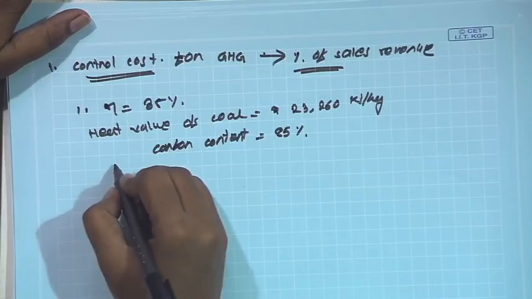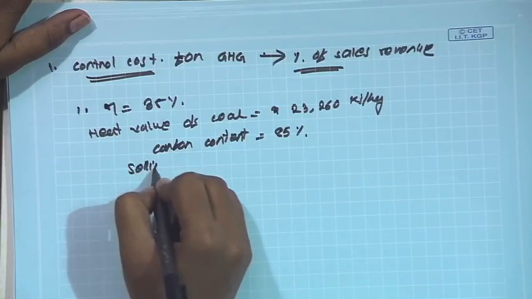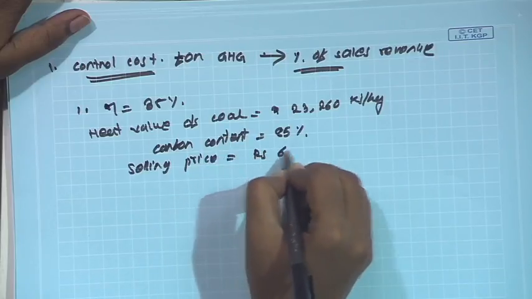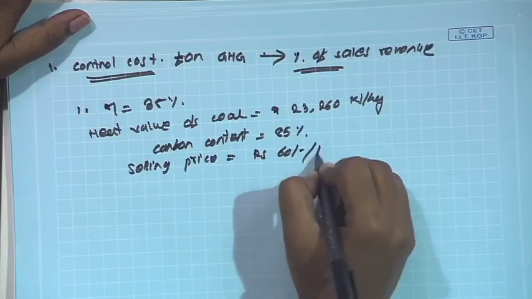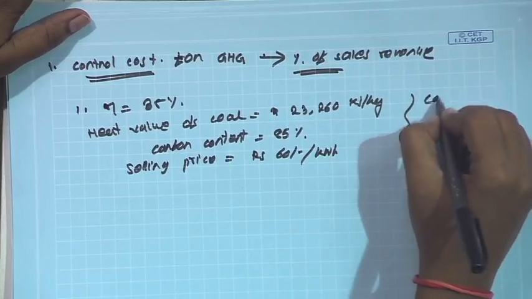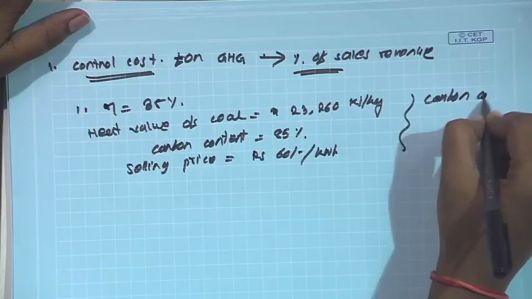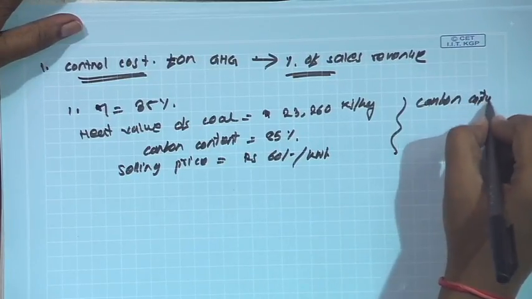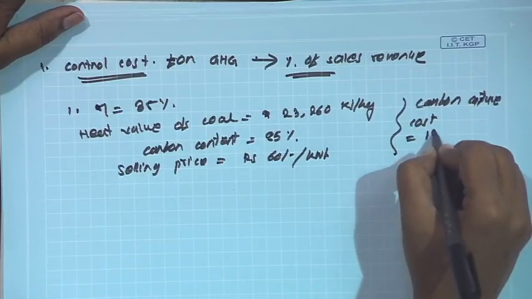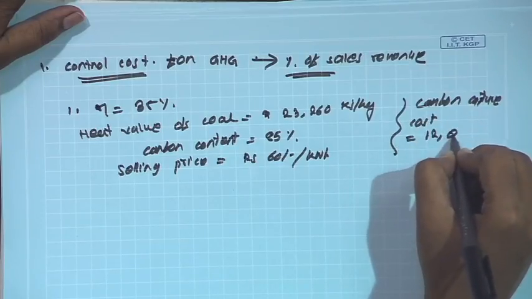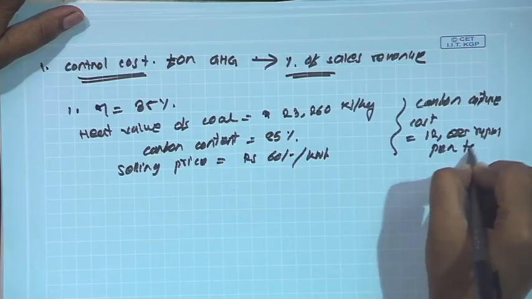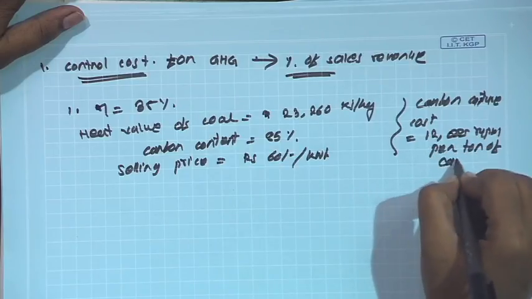and the selling price of electricity is 60 rupees per kilowatt hour, and the carbon capture cost is 12,000 rupees per ton of carbon.